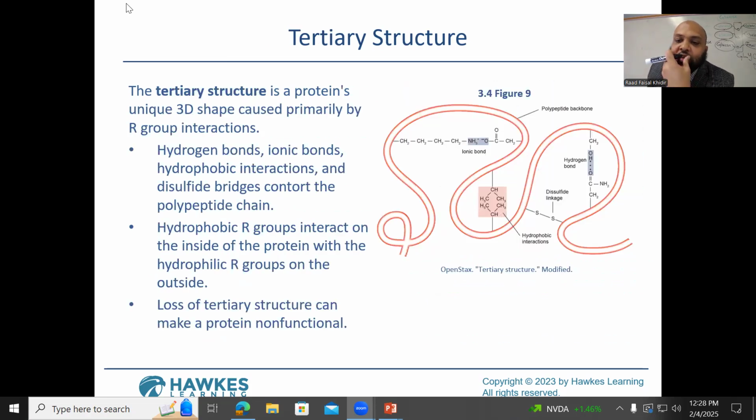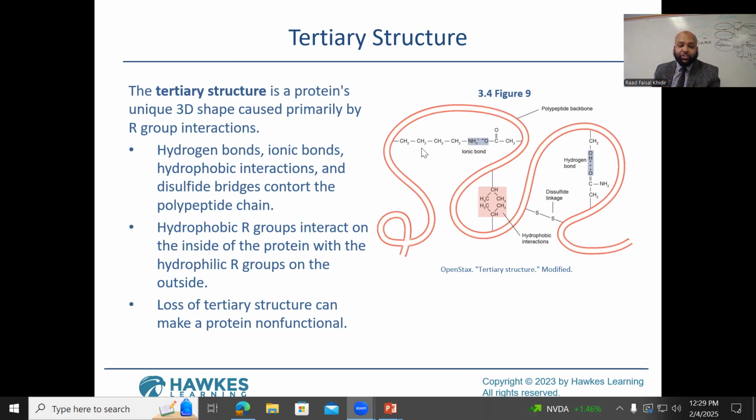The tertiary structure is a protein's unique three-dimensional shape caused primarily by the R group interactions. So you have hydrogen bonds, ionic bonds, hydrophobic interactions, and disulfide bridges. These are the types of bonds that help us to roll and fold up even more than in the secondary structure.